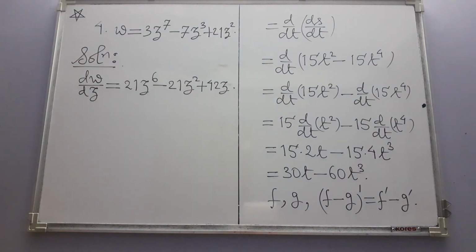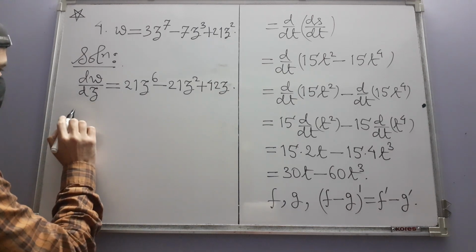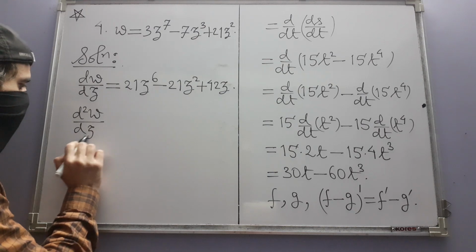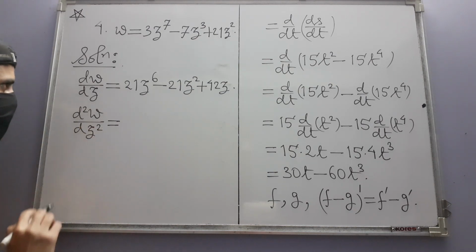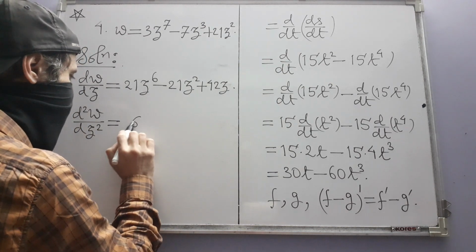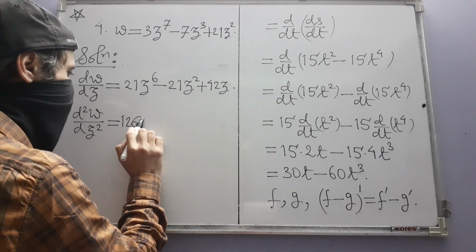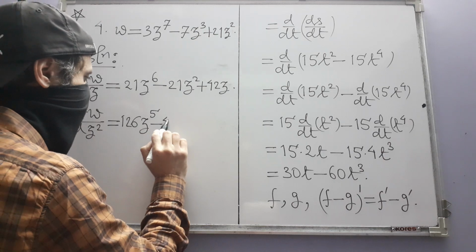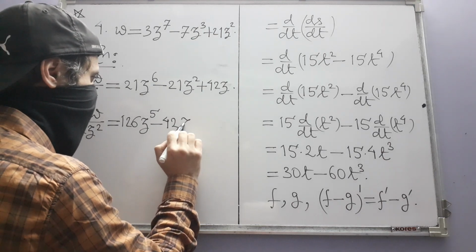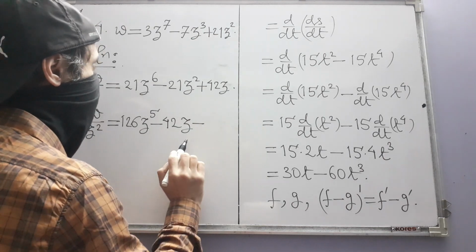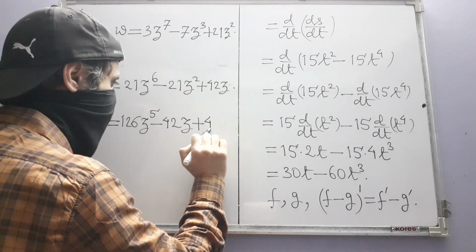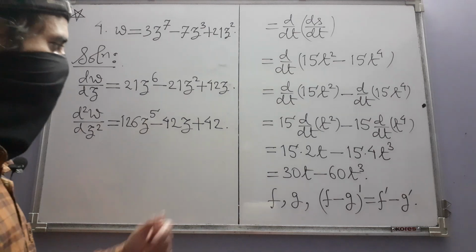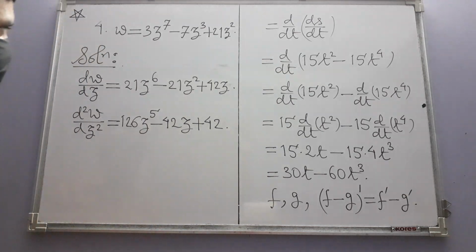That will be the first derivative of w with respect to z. And then the second derivative will be five. So you write all the steps and see if you get these things.